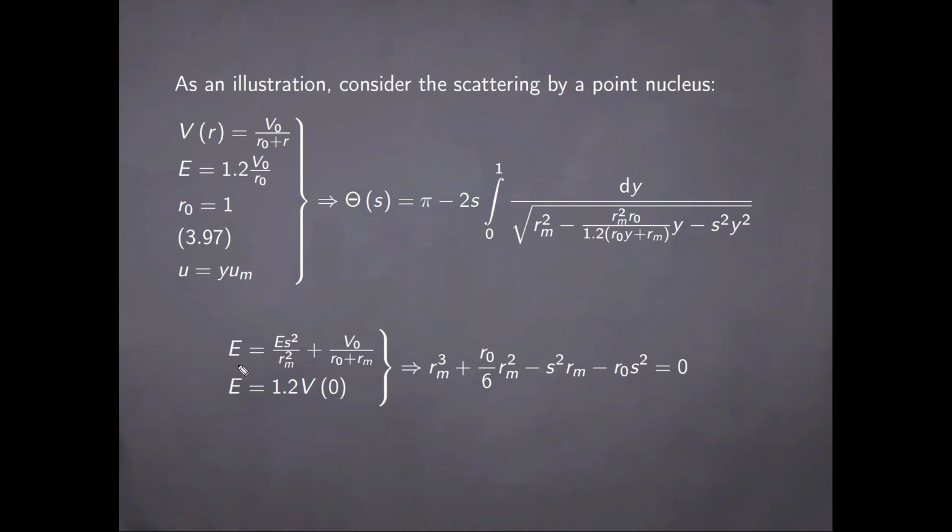We state the conservation of energy using its value at the point of periapsis, and we equate this with the fact that we have chosen this particular value for the energy of the beam.